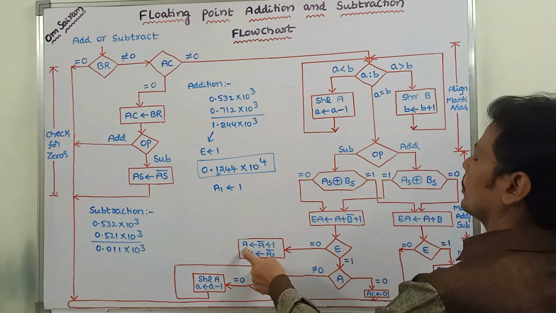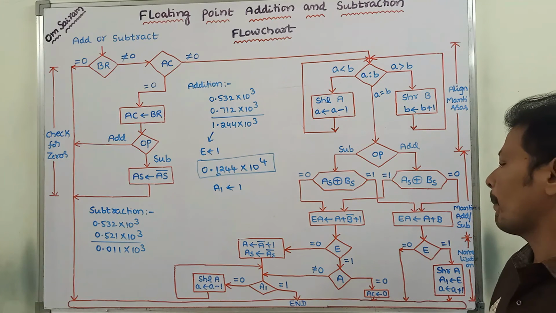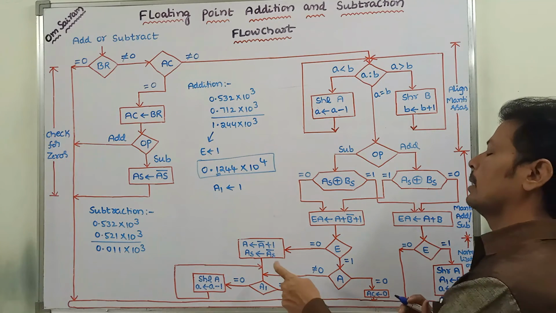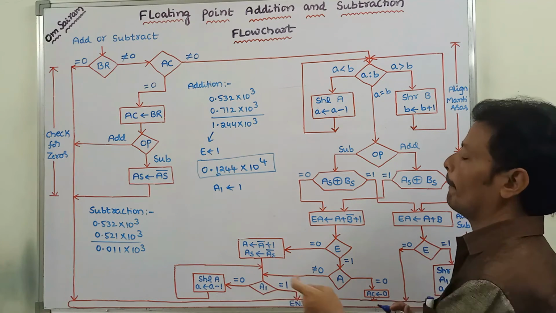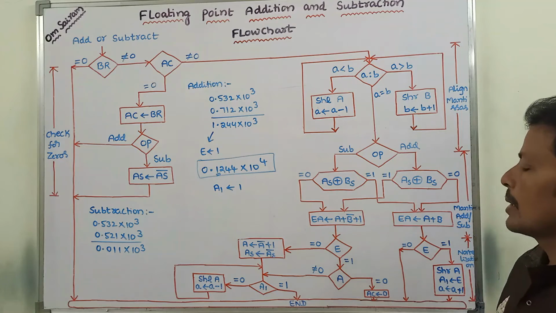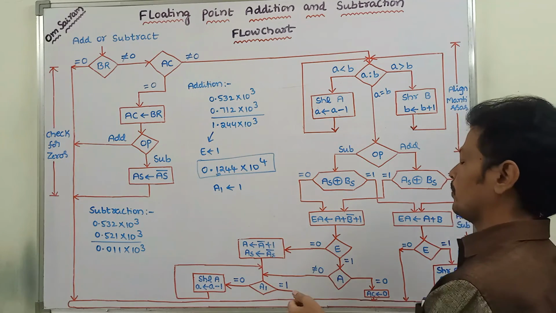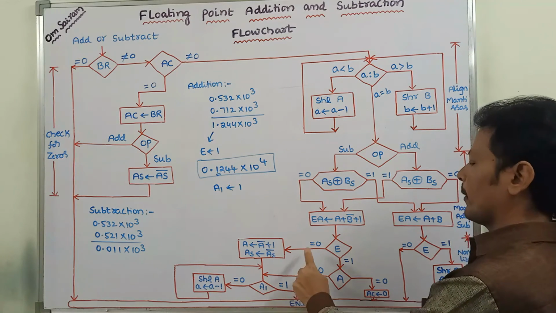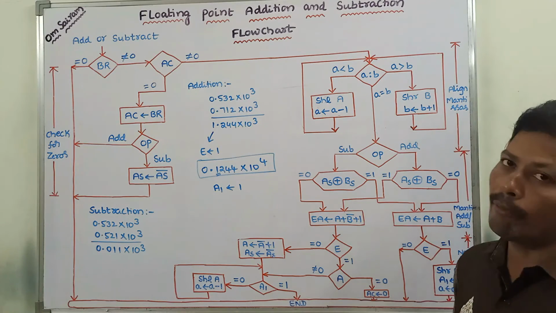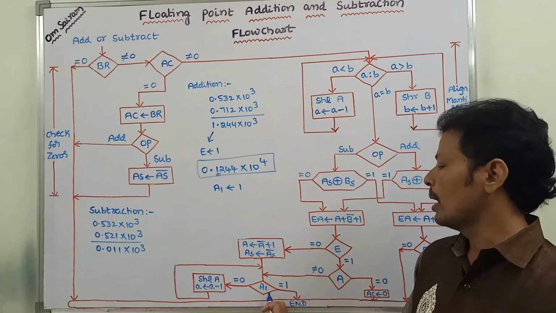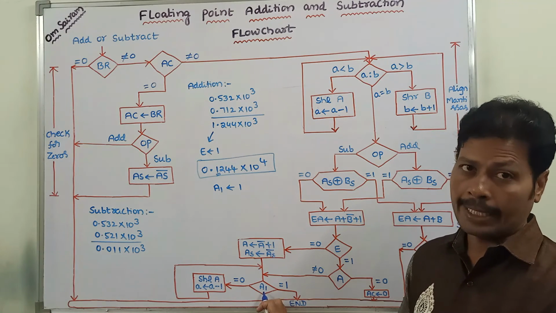At that time we have to perform these two steps: A equal to A bar plus 1, and complementing the sign bit of the mantissas. After performing these two steps, again we check the A1 value. A1 is nothing but the most significant bit of the mantissa.